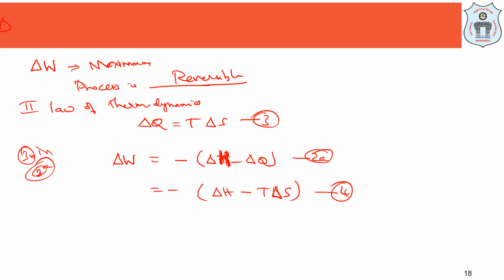So how do we define the Gibbs free energy? Gibbs free energy is defined by G equal to H minus TS, right? So we know that from thermodynamics, G is defined as H minus TS.